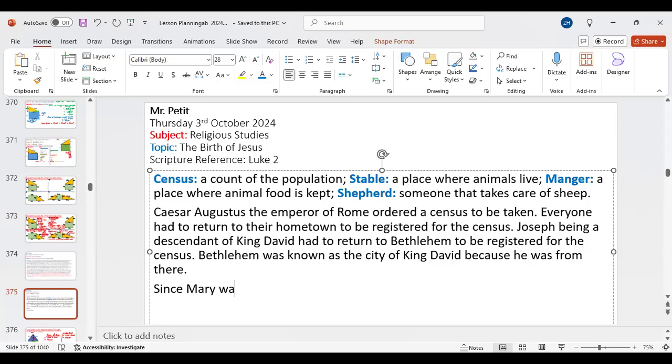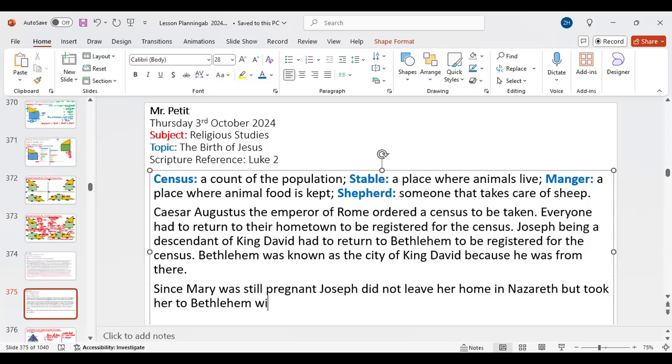Since Mary was still pregnant, Joseph did not leave her home in Nazareth by herself, but took her to Bethlehem with him.